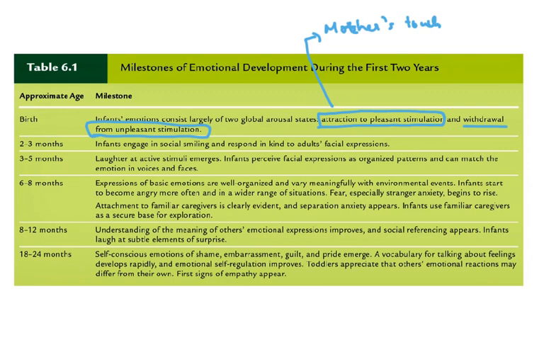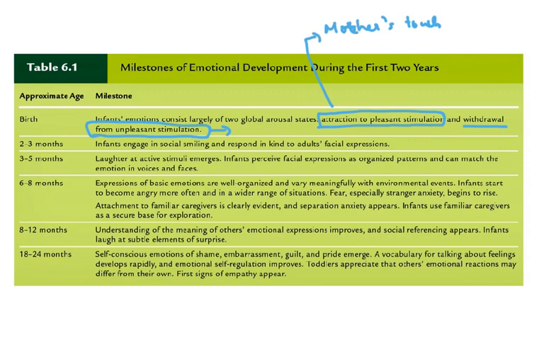So, what can unpleasant stimulation be? Perhaps an extremely loud noise, an uncomfortable temperature, or any feeling of discomfort, such as a dirty nappy. All of that might be unpleasant stimulation.